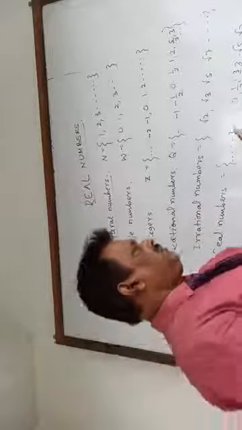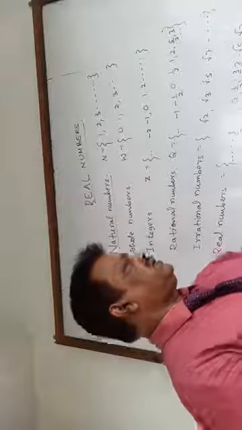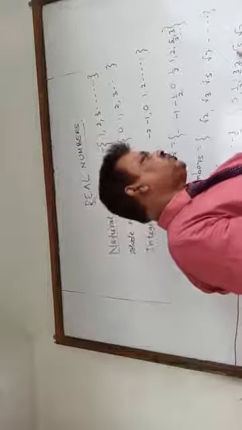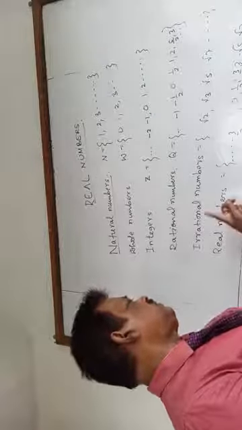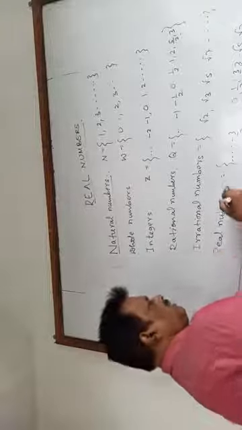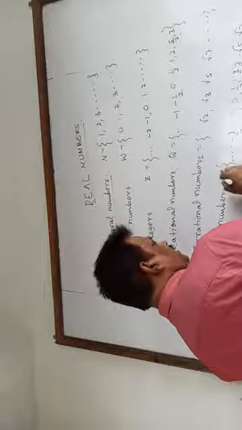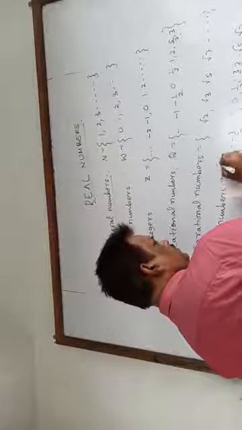All the negative integers, negative fractions, square roots whose square root cannot be found out, when they are combined they are called real numbers, symbolized as R.